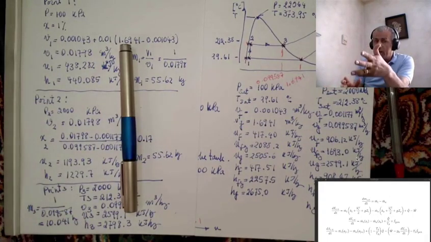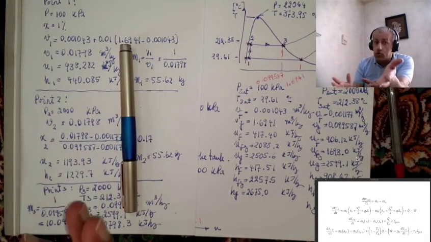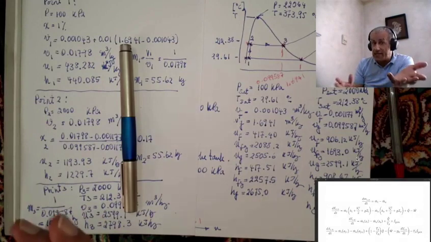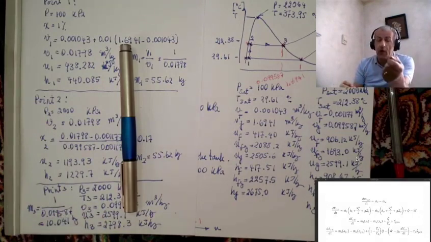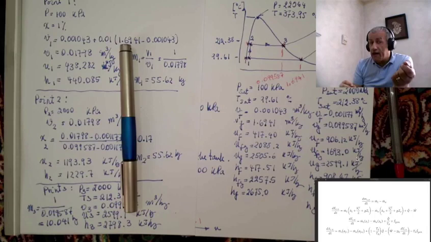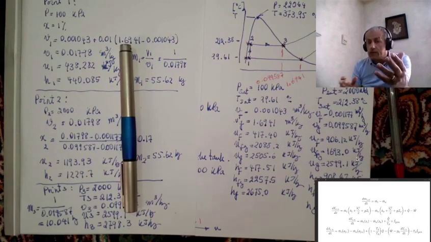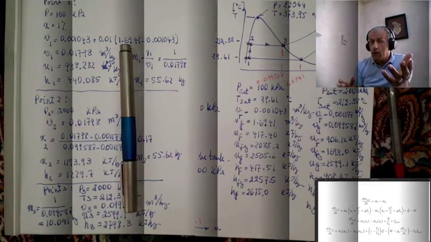Of course, quality means the mass of vapor to the total mass, but it indicates how much vapor and how much liquid we have in mass terms. A quality of 100% means we have all vapor and no liquid, and a quality of 0% means that we have all liquid and no vapor. And these are our conditions.